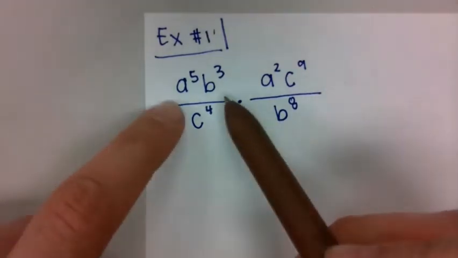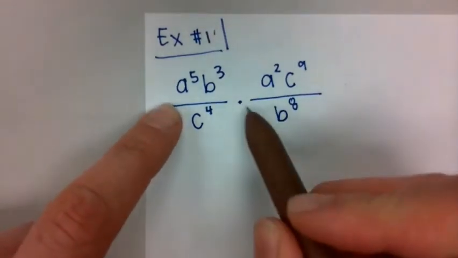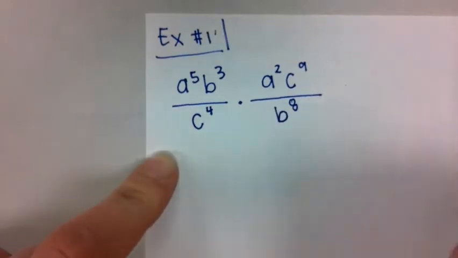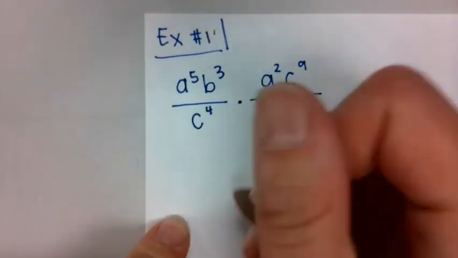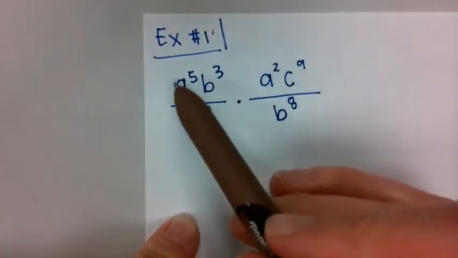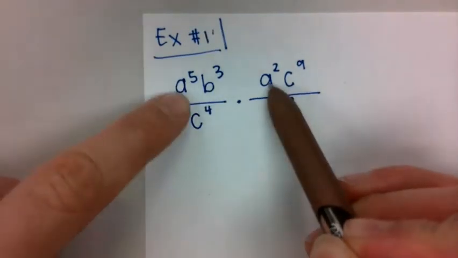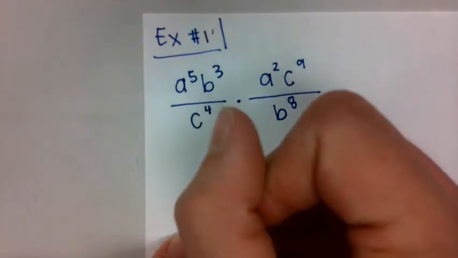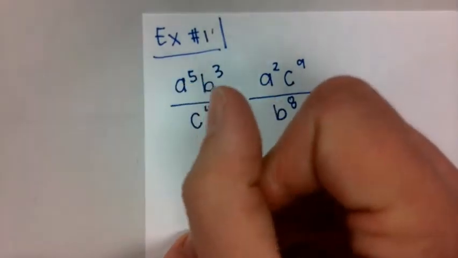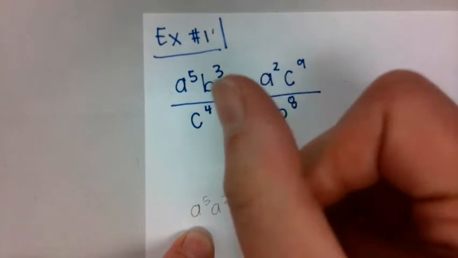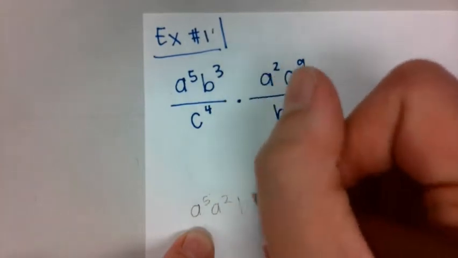To get started, I'm going to multiply my two fractions together. And I'm just going to combine into one big fraction. Notice I have two terms with an a on top. I'm going to group those together. So I have a to the fifth power, a to the second power, b to the third power.